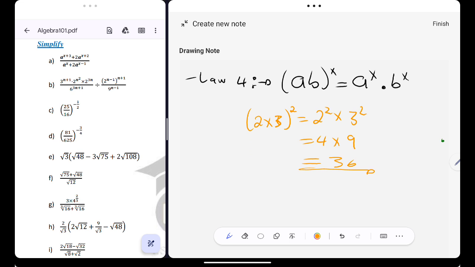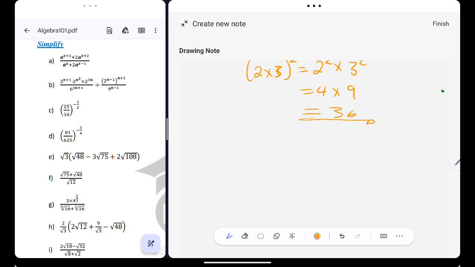All together. So if you have two different bases multiplying and there's one exponent that accommodates both of them, just know that exponent will be the exponent of the first base and the second base. Doesn't matter how many bases you have.